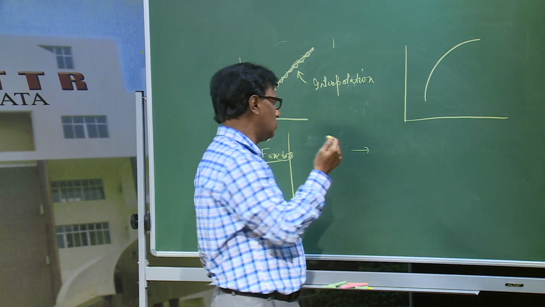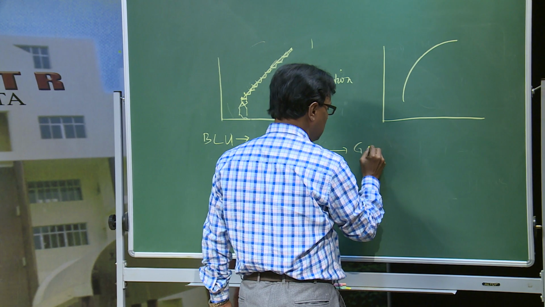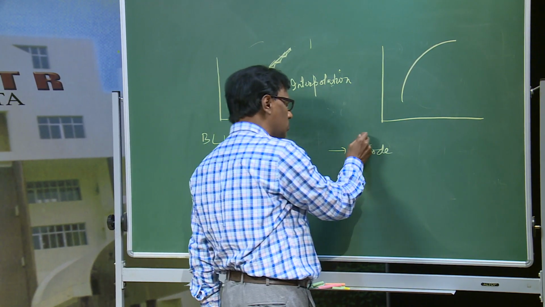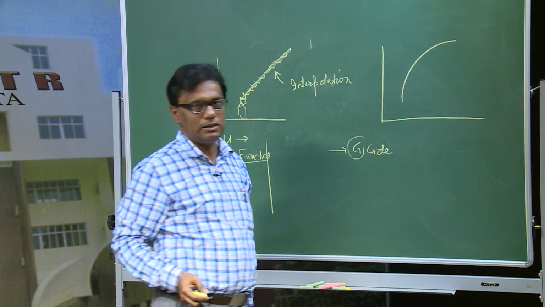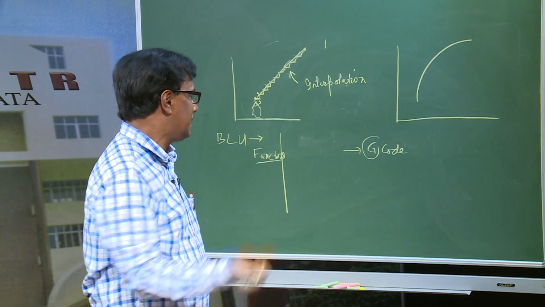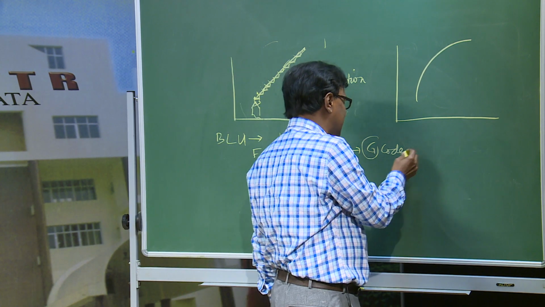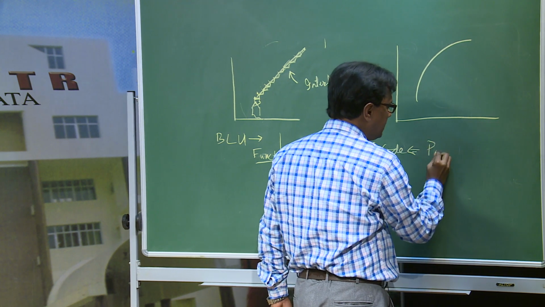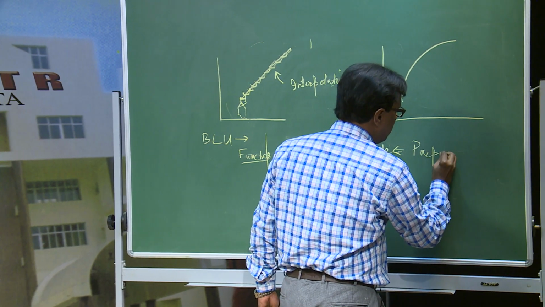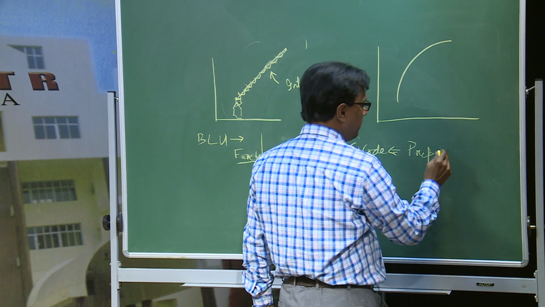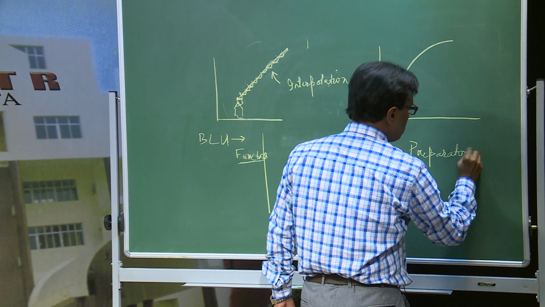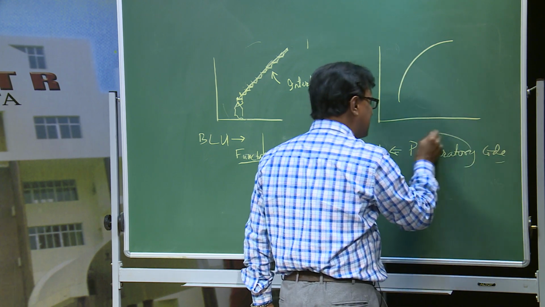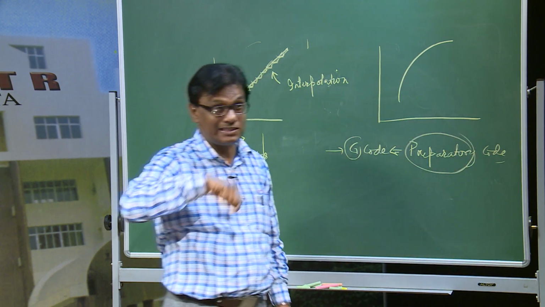This type, where the machine needs some time, is taken care of by some codes. This code is called the geometric G code. G stands for geometric code, or another name which is very meaningful is preparatory code. From the name itself we can understand why it is preparatory: the machine needs to prepare itself.